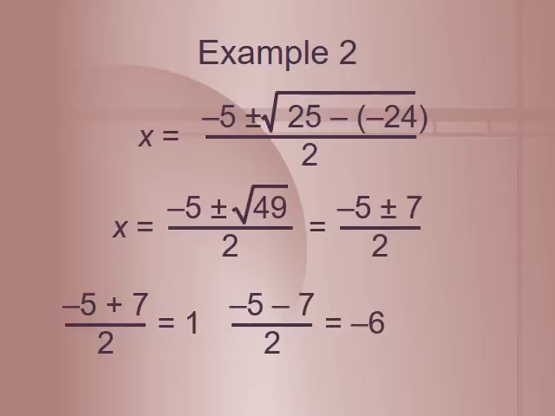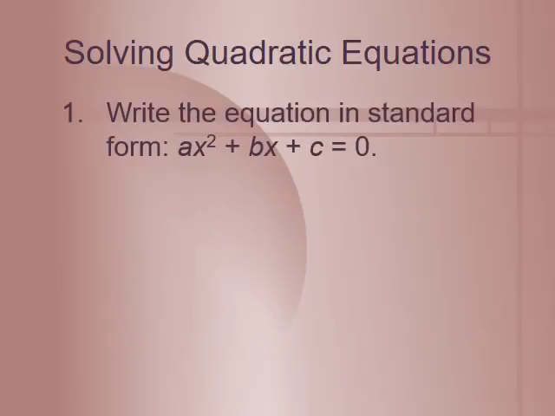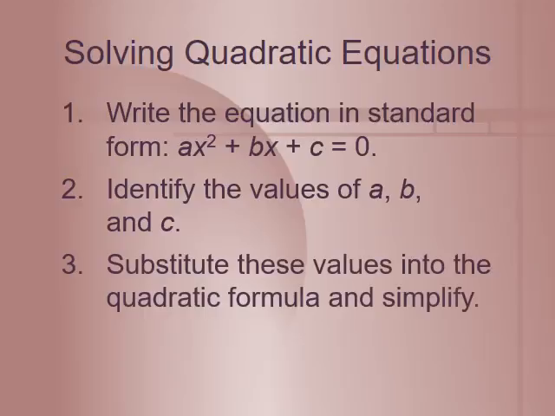And either of those answers are acceptable, and you write them like this because this is a set of solutions for this particular problem. So we write them as a set. Okay, so to recap our steps, we write the equation in standard form so that we can pick out our A, B, and C. We figure out which ones are our A, B, and C, and then we substitute the values into the quadratic formula.